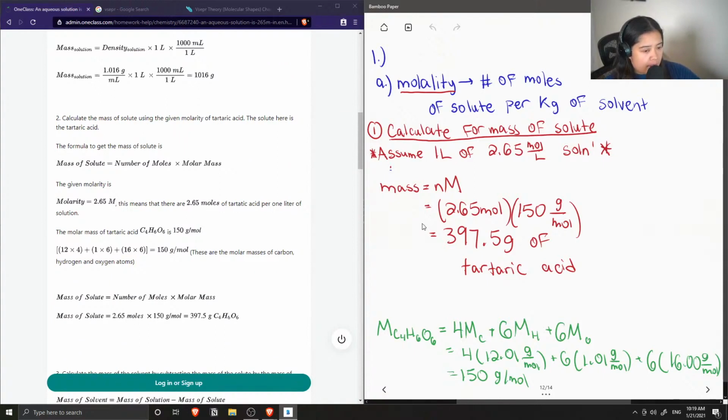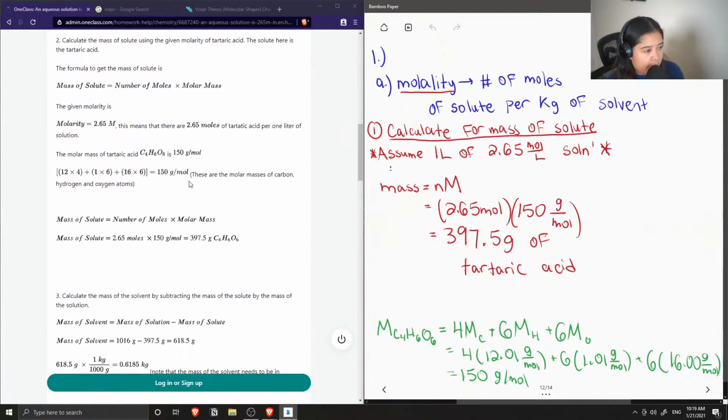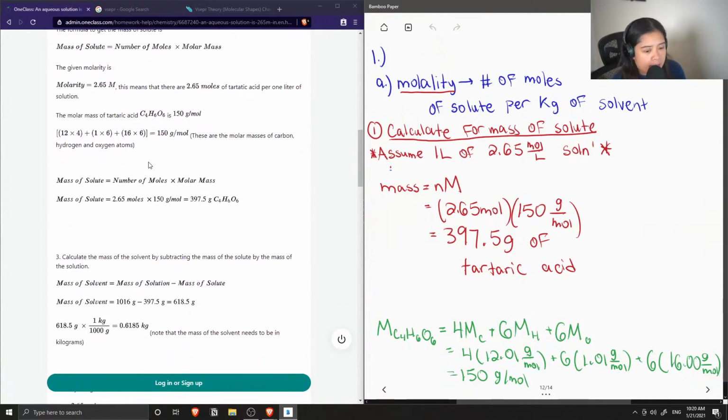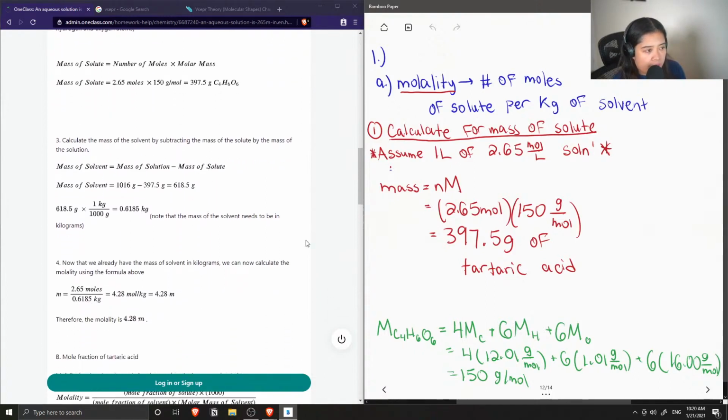So this is my step 1. So if we have 1 liter of solution, you have 2.65 moles. They calculated the molar mass, which was 150, and also got 397.5 grams of tartaric acid.